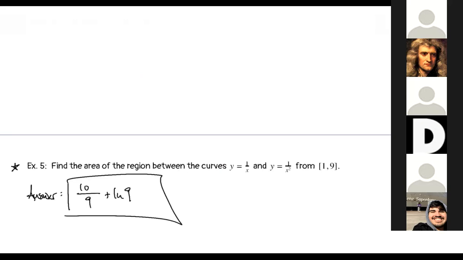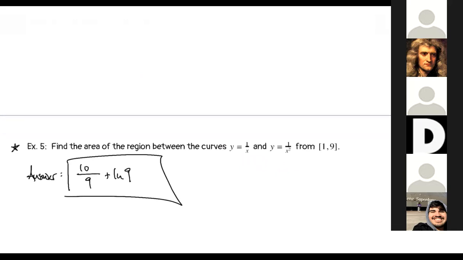I think this is a good one to practice your integrals, especially if chapter 5 felt a little challenging. Practicing some of the more basic integrals would be a really good thing. Thinking about what these graphs look like and sketching those will also be helpful.